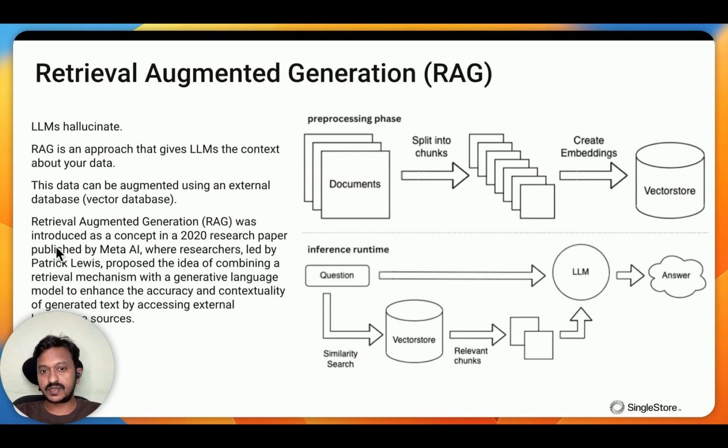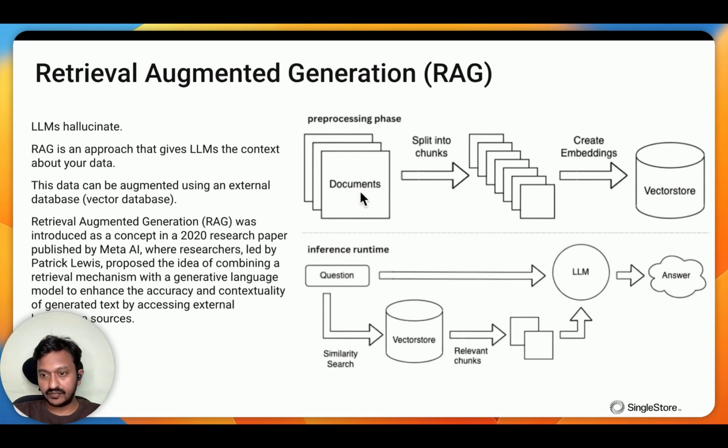That's the pre-processing phase. Then the inference runtime is when the question from a user comes in, and even that question gets converted into a vector embedding, which goes through the vector store to find the relevant chunks. Then all the context-relevant chunks go through the LLM model to formulate the final answer back to the user. So that's how RAG basically works.